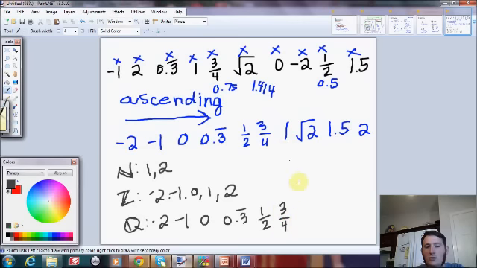So they're both rational. 1, square root of 2 is one of our standard examples for being irrational. So we need to skip it. 1.5 and 2. Okay, and then so the only number we're working with that's not rational is square root of 2. It's the only irrational number.